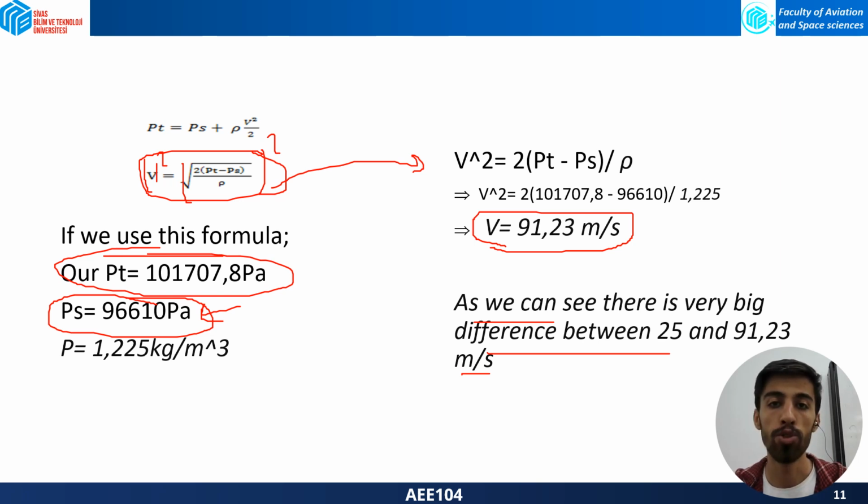So we should use two pitot tubes. As you can see, 25 and 91.23 are very different. So, as I mentioned, the aircraft can have an accident because of these values.